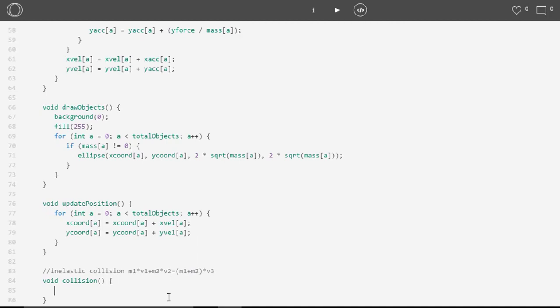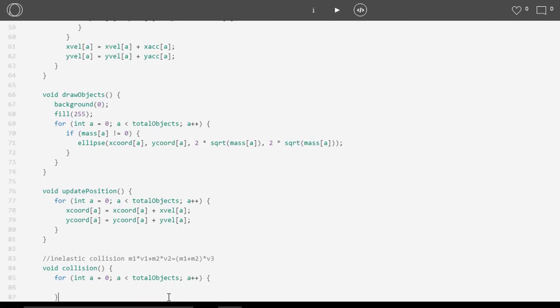When we have a collision, first of all, we better check to see if there actually is a collision. So let's go through all of our objects. And then I'm going to go through each of the other objects, because I'm going to compare every object and say, hey, are you too close together?